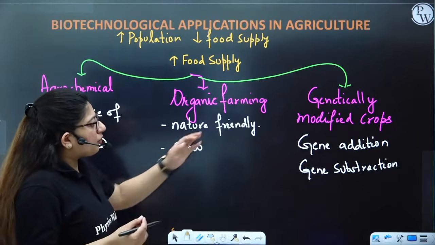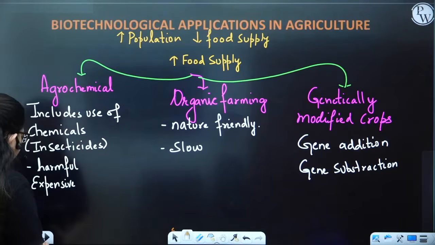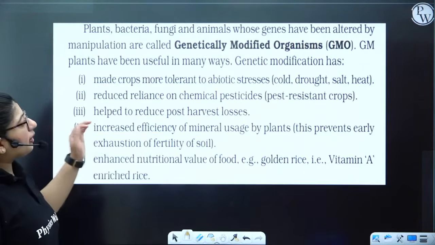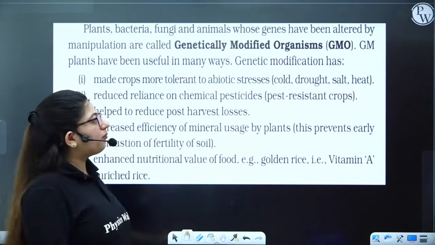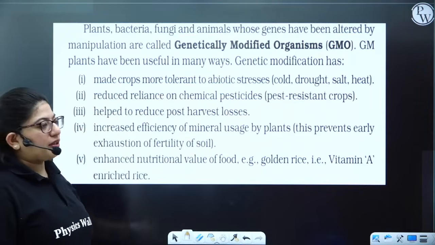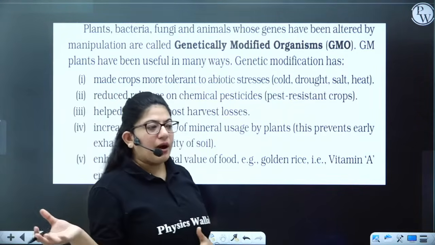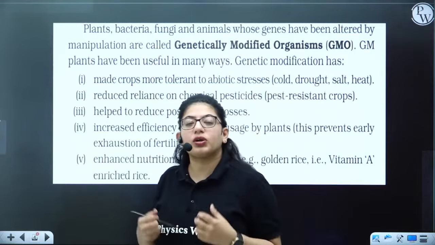So here you can use these plants. How are they better than the others? Let's see why these are a good option. The genetically modified organisms or crops are better in a way. Why? They have made crops more tolerant to abiotic stress. Apart from the biotic things, there are certain abiotic stresses that a plant faces. What are those?